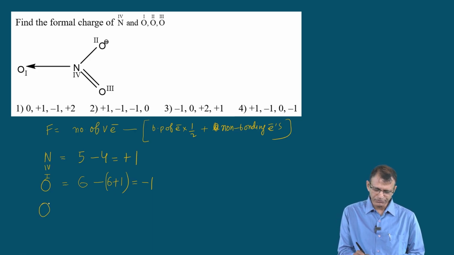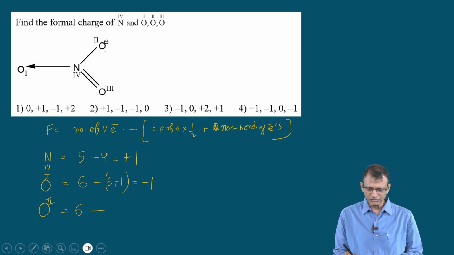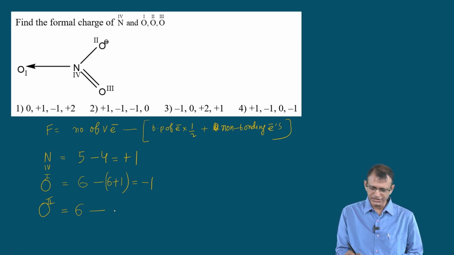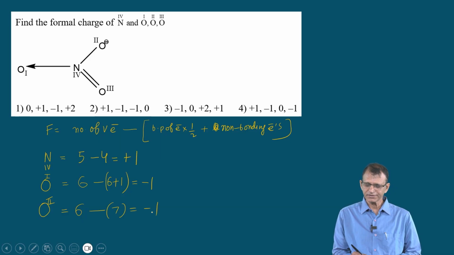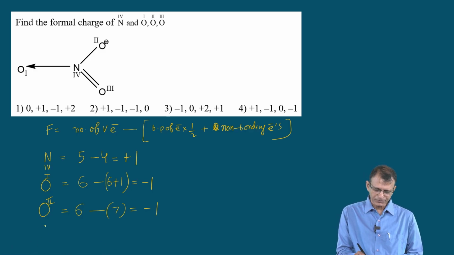So we have to calculate for the second oxygen atom. For the second oxygen atom, before bond formation, 6 electrons are there. There is a negative charge after formation of the bond. So 6 unshared electrons and 1 bond pair electron, so there are 7 electrons. The difference will be -1, right? So from here we get that the second option will be correct. We can also check for the third oxygen atom.